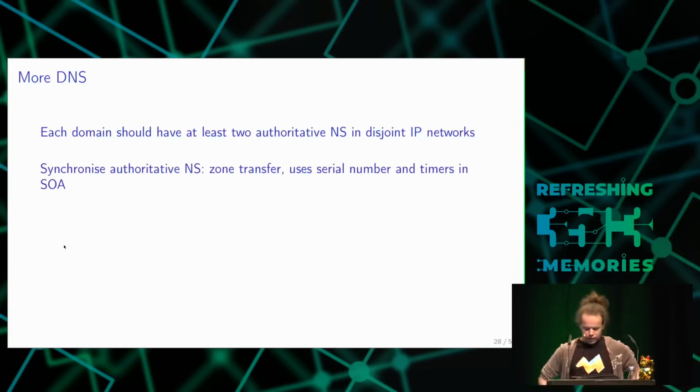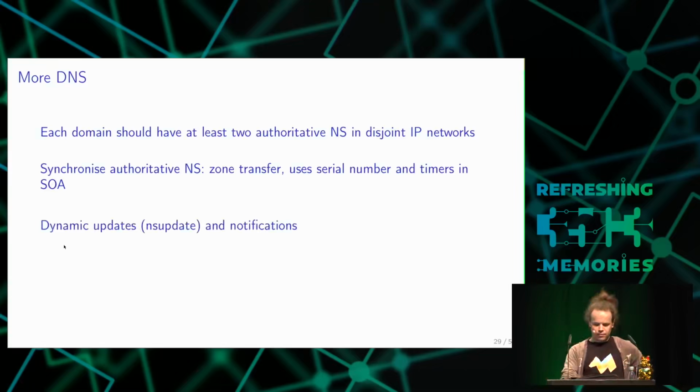Since you're running multiple instances of the same data, you need a way to synchronize that. DNS has a methodology called zone transfer to do that within the protocol itself. This zone transfer uses the serial numbers in order to compare whether a zone transfer is actually needed, and also some timers which are part of the start of authority resource record type. So it's all very much encoded in the protocol how you can do synchronization, fault tolerance and redundancy.